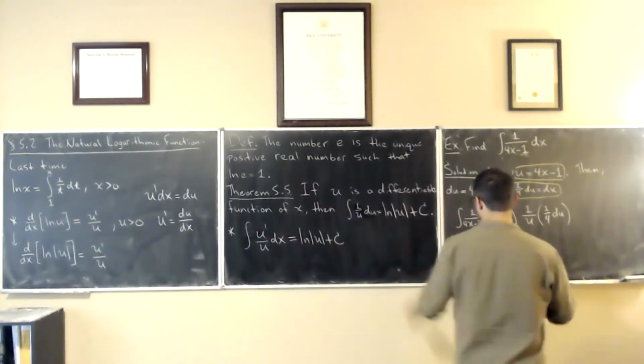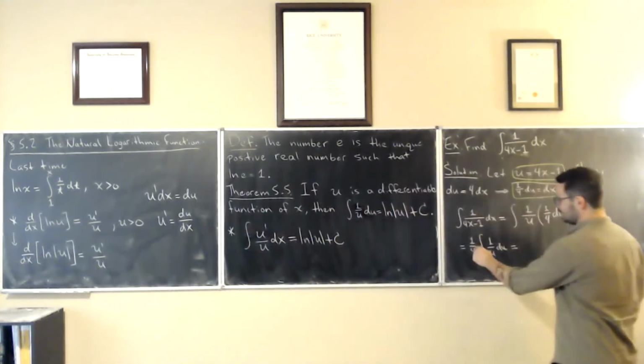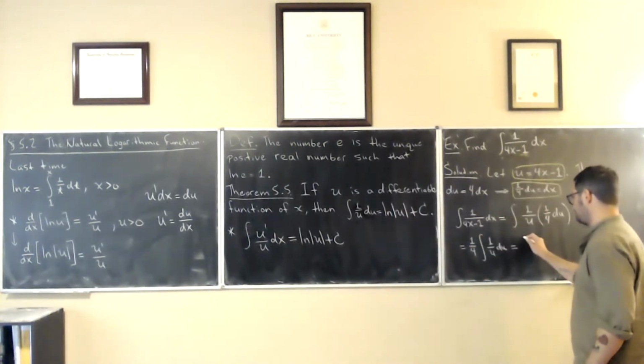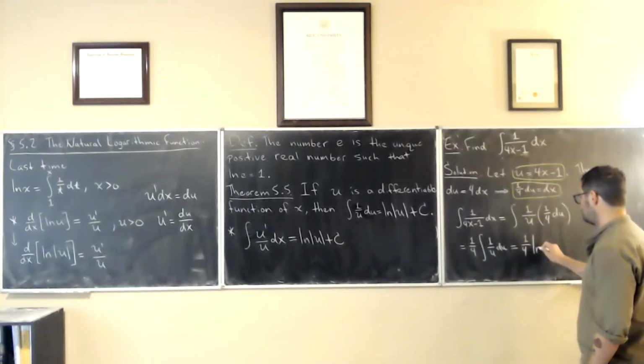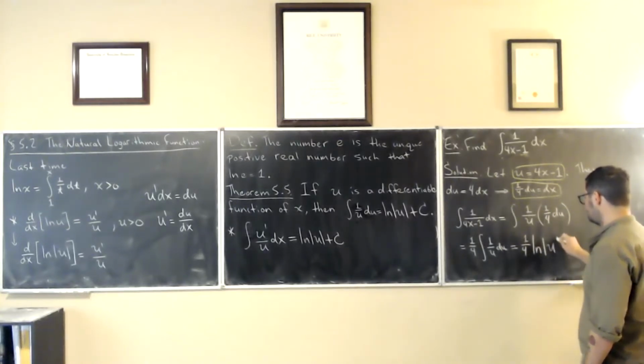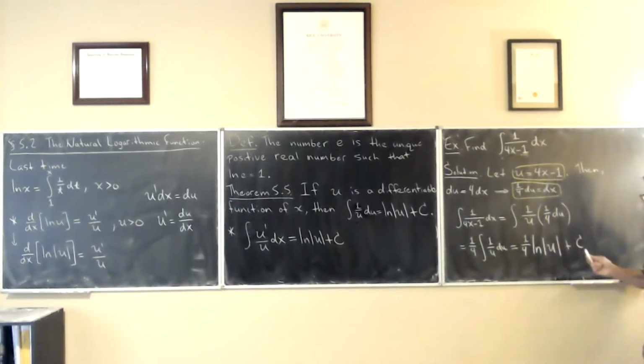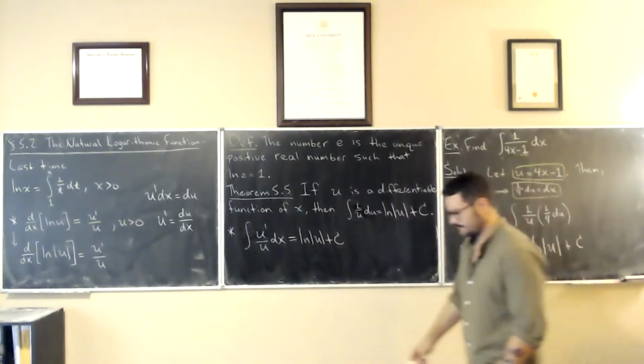So we just apply this theorem. So it'd be 1/4 times natural log absolute value of u, plus your integration constant, right?